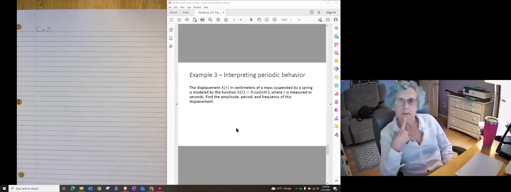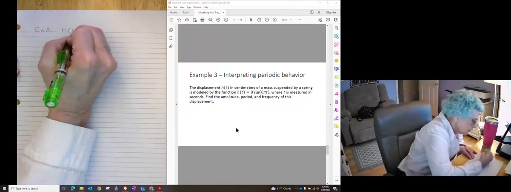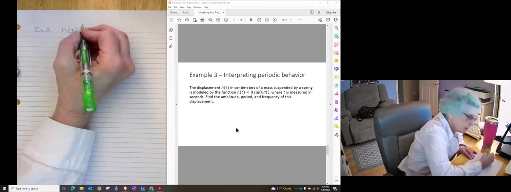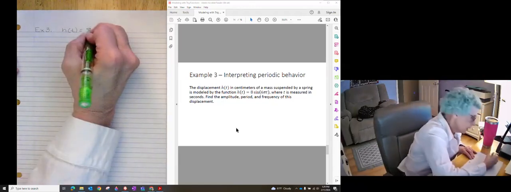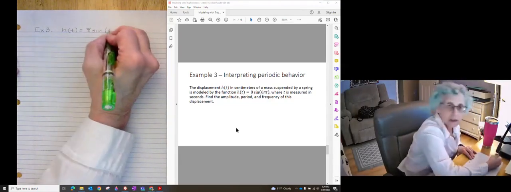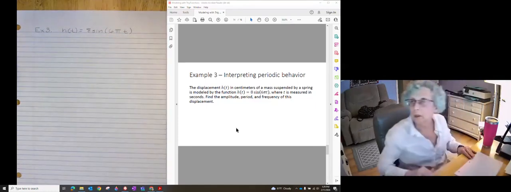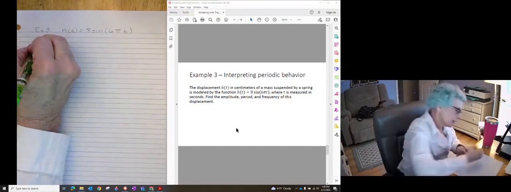Let's look at example 3. We're told the displacement in centimeters of a mass suspended by a spring is modeled by h of t is equal to 8 times sine of 6 pi t, where t is measured in seconds.